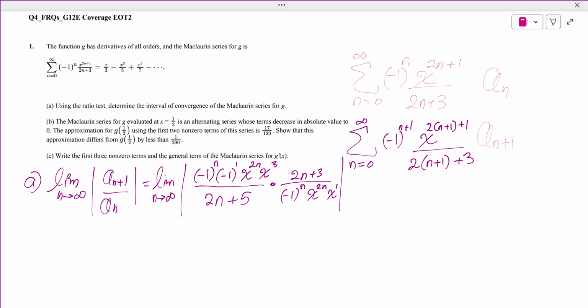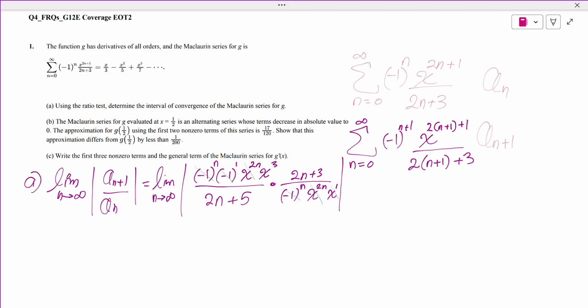Let's cross them out. Negative 1 raised to n cancels, and we can cancel also negative 1 raised to 1 because there is an absolute value, so it's going to be positive, right? x raised to 2n cancels.